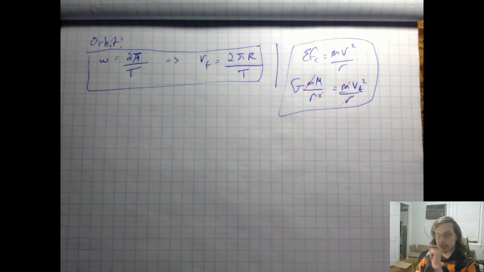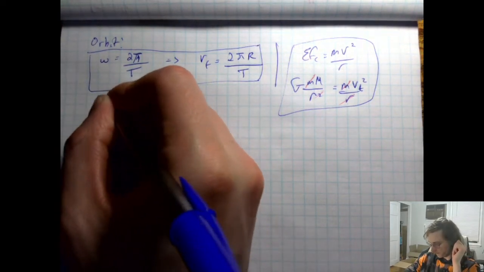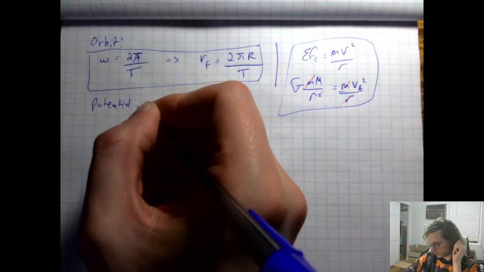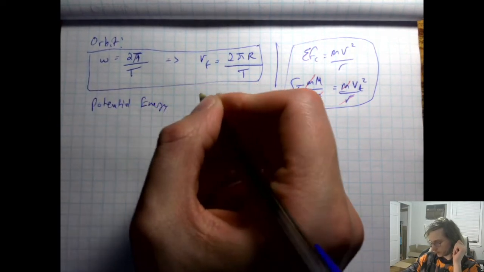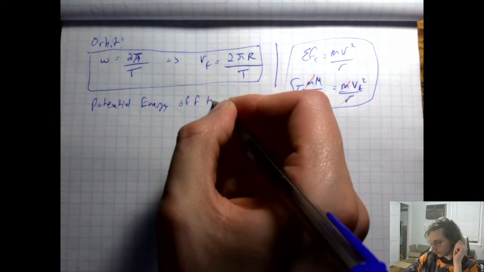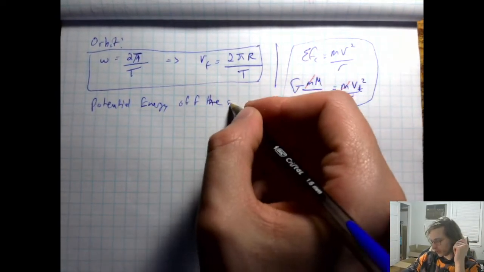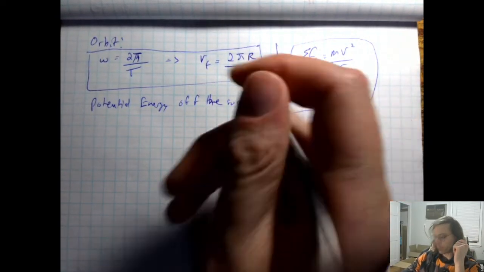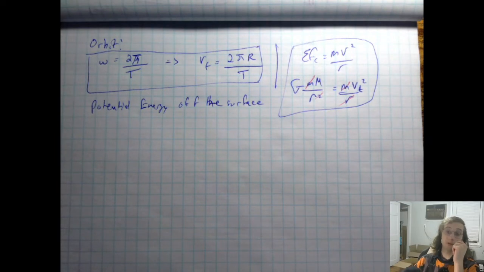The last thing I should honestly have done before I started talking about orbiting is potential energy. Specifically off the surface of a planet, the equation we've been using so far is a good approximation.